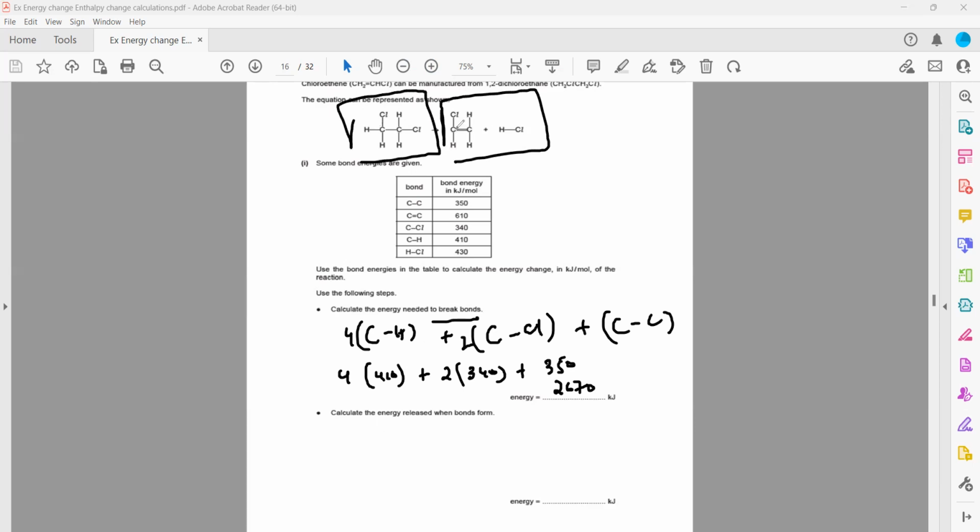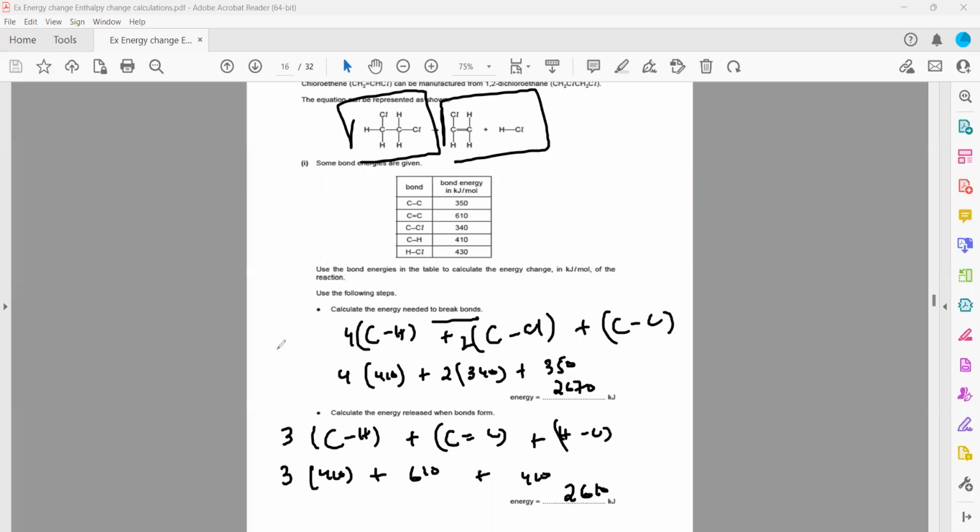So we have 1, 2, 3 carbon and hydrogen bonds, plus a carbon-carbon double bond, plus a hydrogen chloride bond. So when we simplify, this will be 2610.